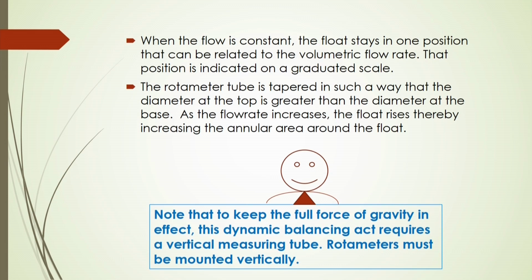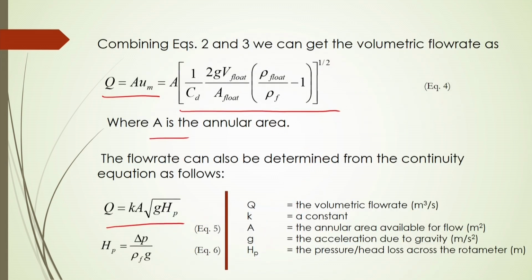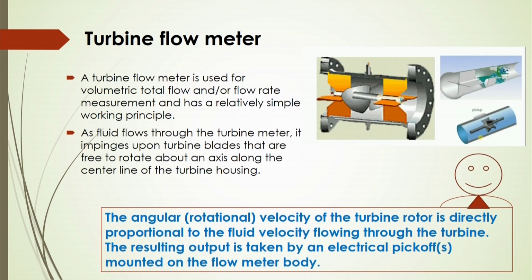So, that is why through the annular area there will be flow of fluid, and based on that annular area and the mean velocity of the fluid, you can get the flow rate based on this equation number 4.